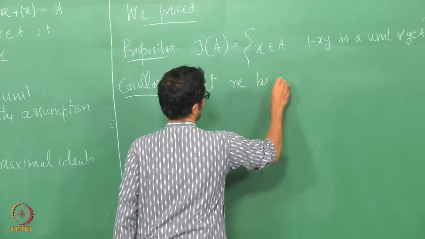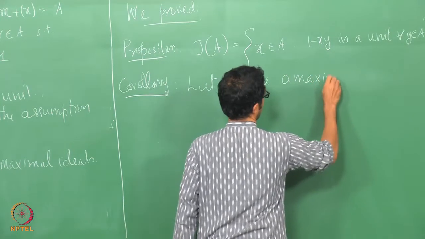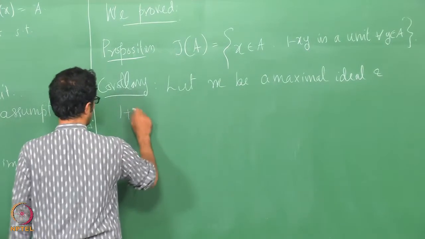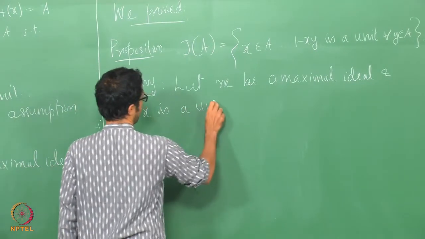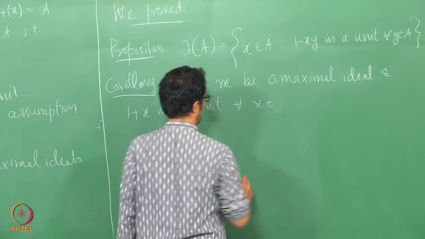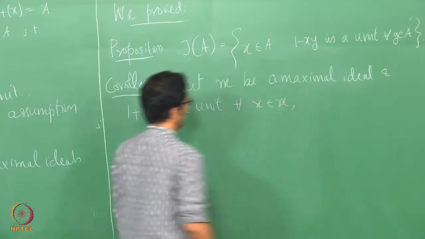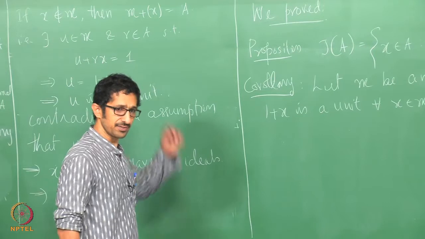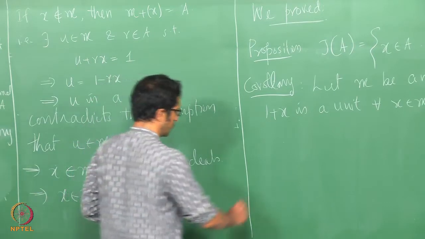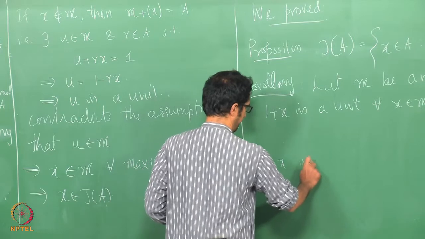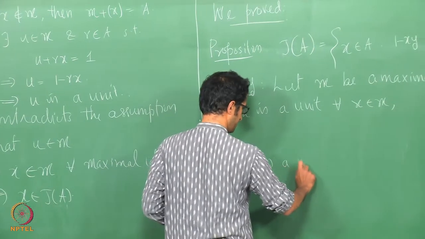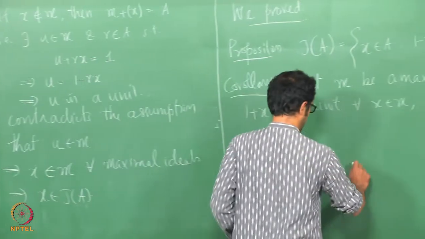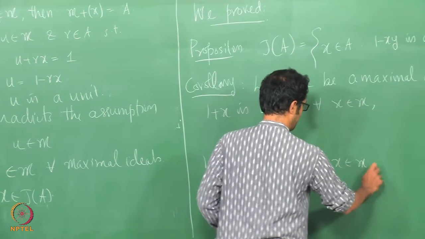Let M be a maximal ideal and suppose 1 plus x is a unit for every x in M. Okay. Let us see what could be the conclusion.